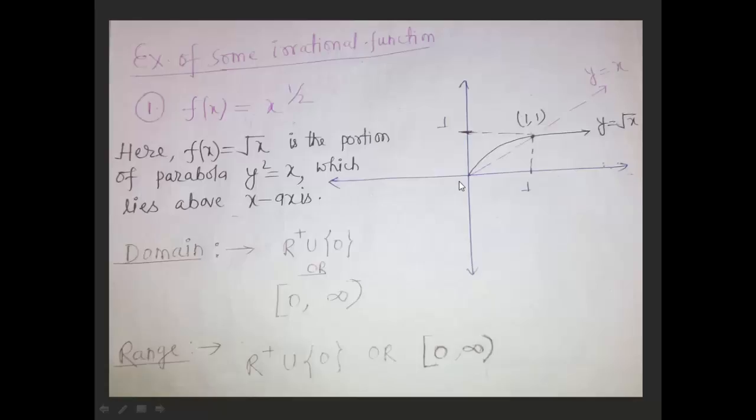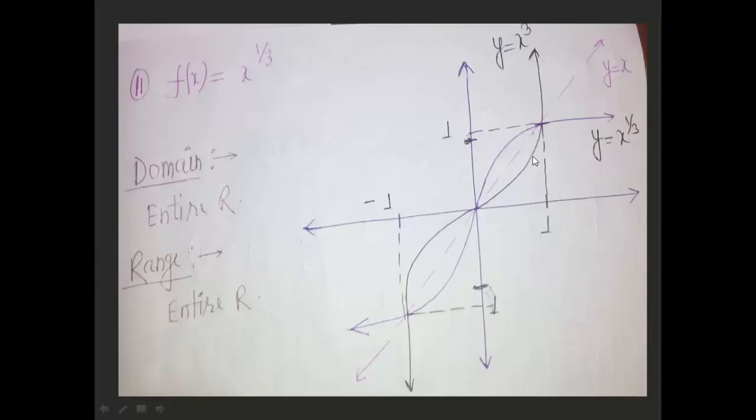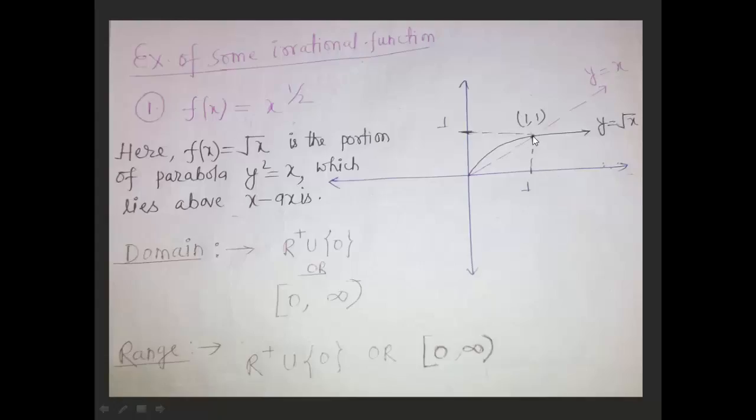Suppose a question appears: find the number of solutions of the equations y equal to x and y equal to x to the power half. By drawing the graphs of these two equations, you can observe that y equal to square root of x and y equal to x cut each other at the point (1, 1), that is, at x equal to 1.